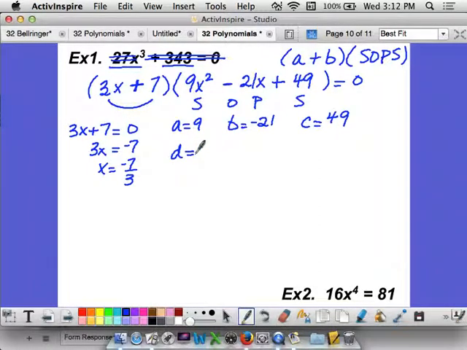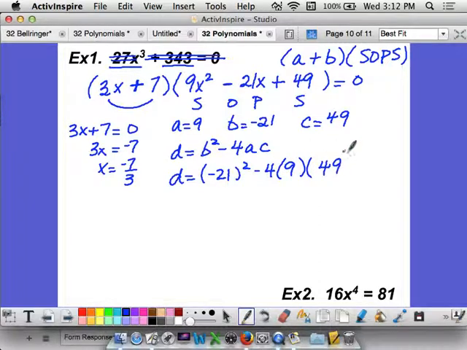D is the discriminant. We find that by going b squared minus 4ac. So d is equal to negative 21 squared minus 4 times 9 times 49.